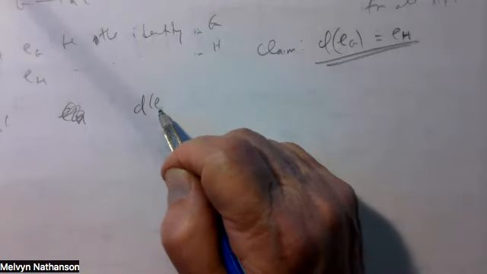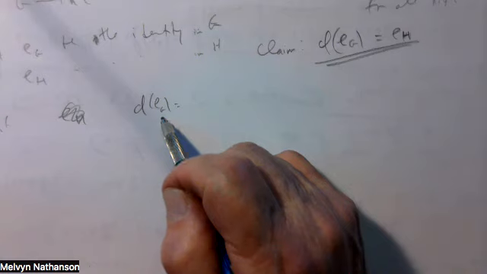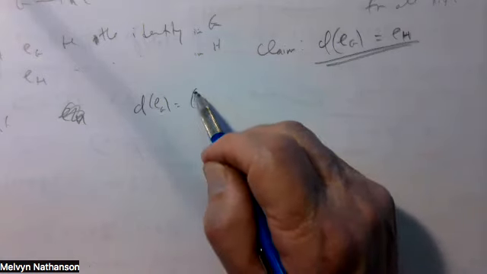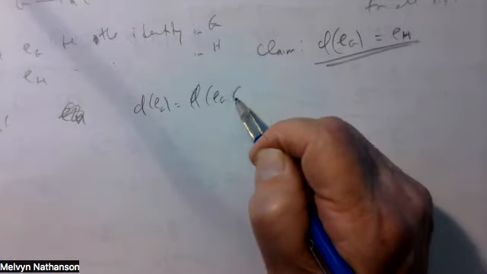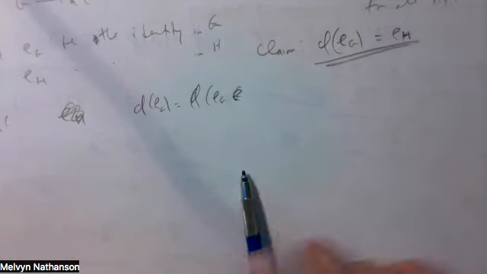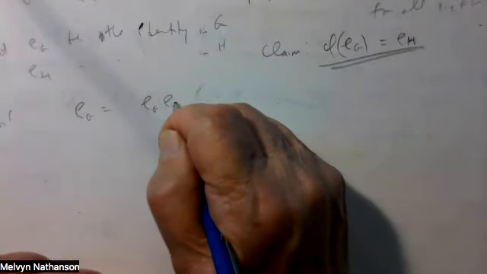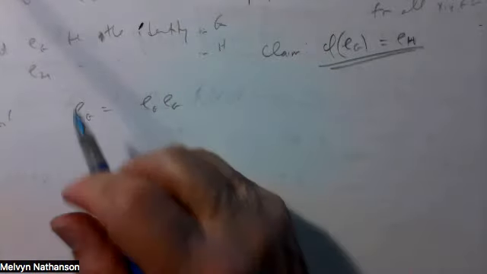Phi of E sub G, of course, the identity multiplied by itself is still the identity. Let me try and make this more legible. So we know that the identity is always the identity multiplied by itself. 1 times 1 is 1.